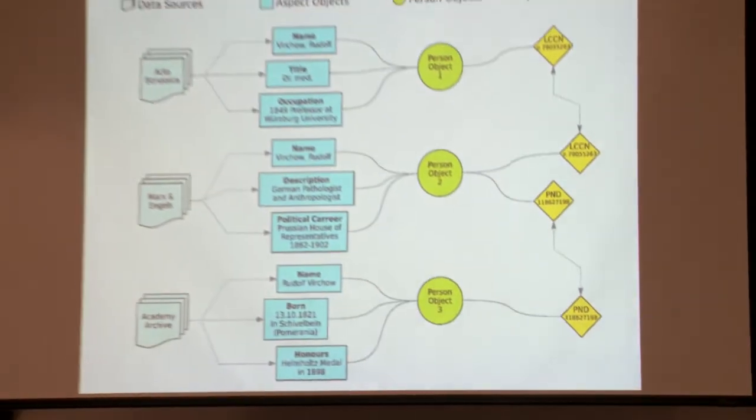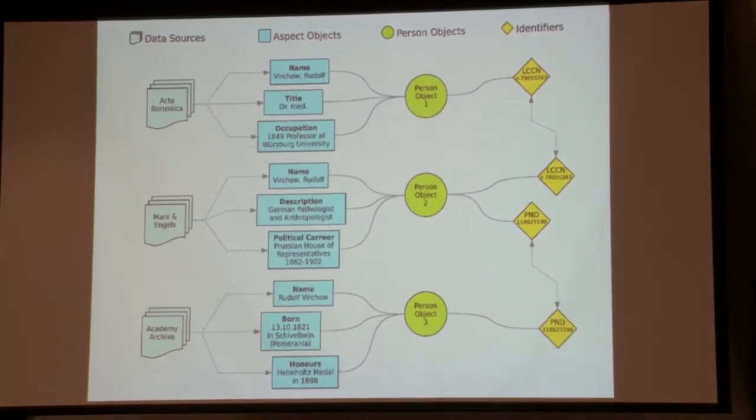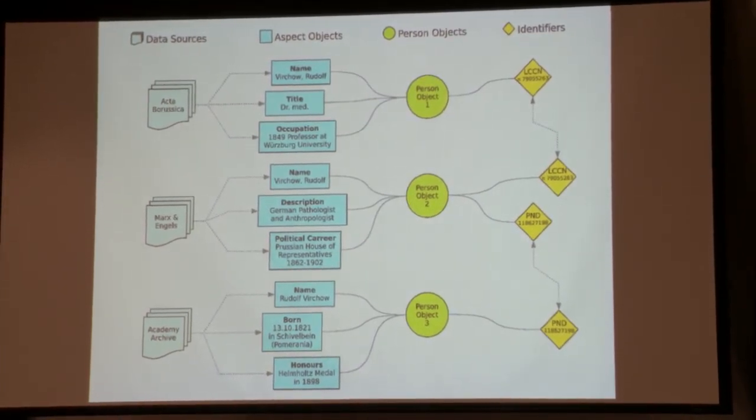But this is a concrete example of Rudolf Virchow. On the left, you see the data sources where the information comes from. Then you see the extracted aspects pointing to the person objects, and then the identifiers I just described, how we suggest identity.